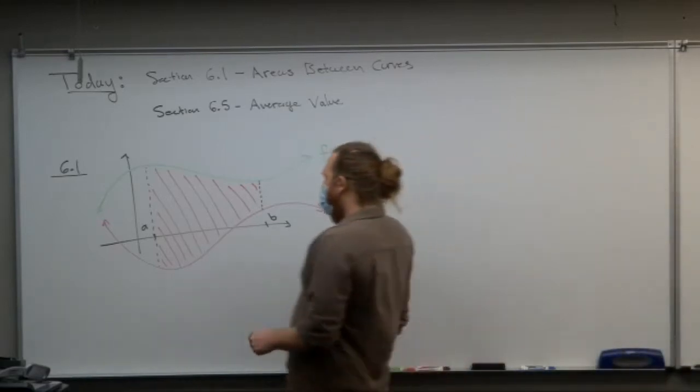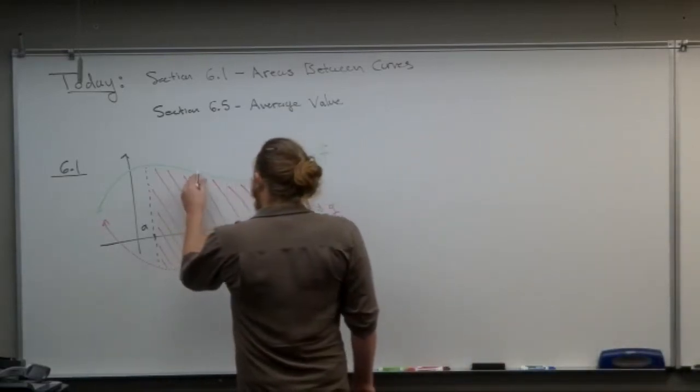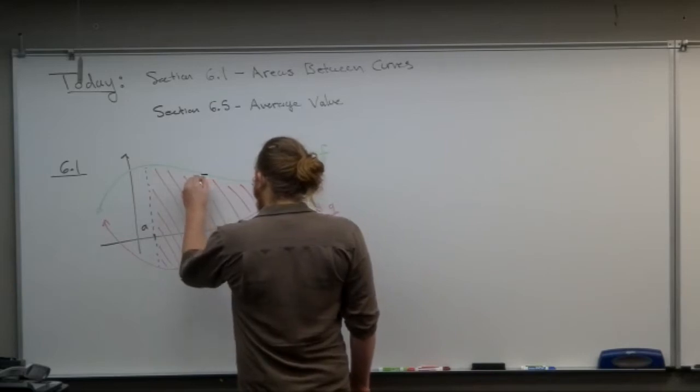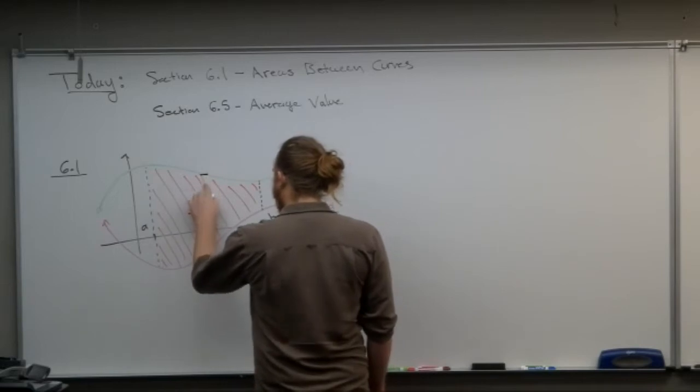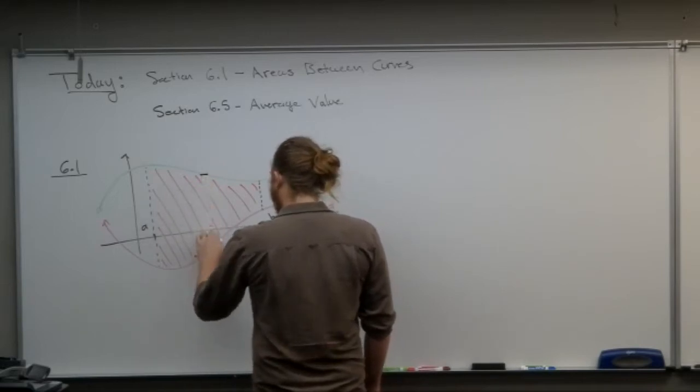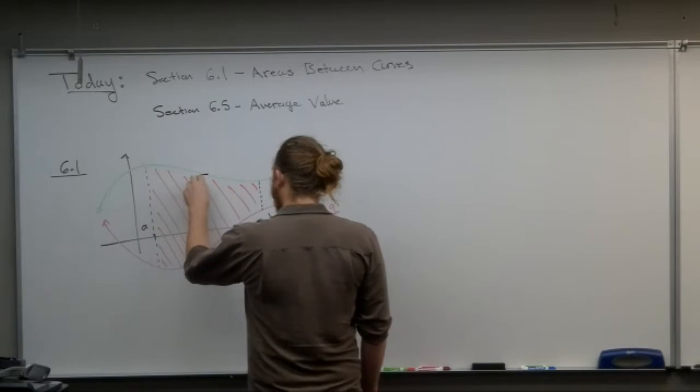you would construct your Riemann sum with, I'll just come in here and draw a little rectangle. I imagine this rectangle as being at an arbitrary x value. I'll just call it x.